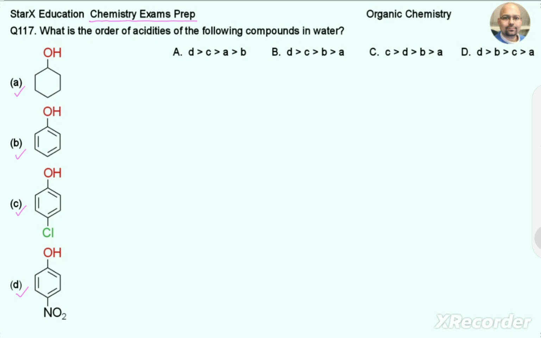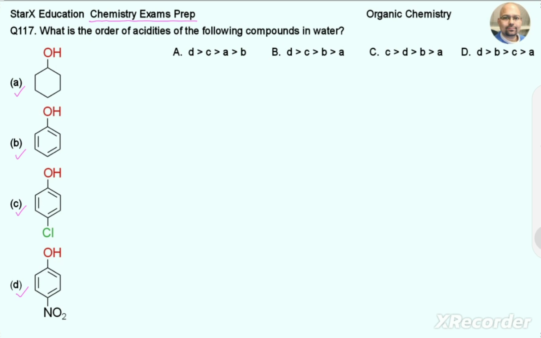So before we start to answer and draw some structures, first of all we need to review the definitions of Bronsted-Lowry acids and bases. Bronsted acids are the species that can give protons, and Bronsted bases are the species that can accept protons.